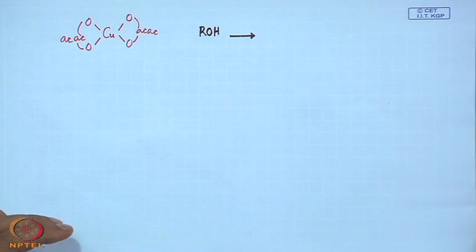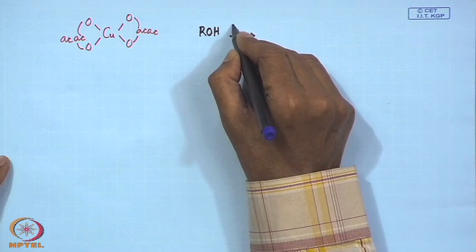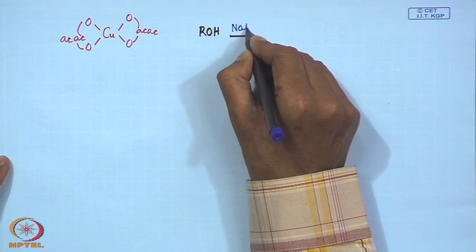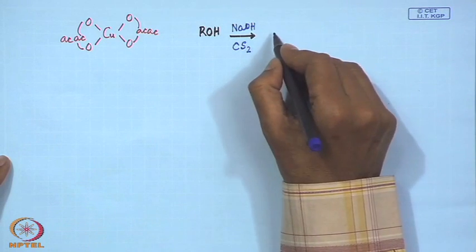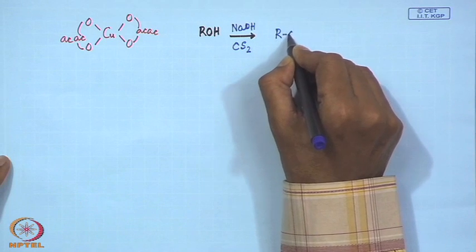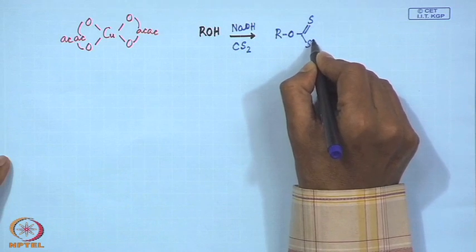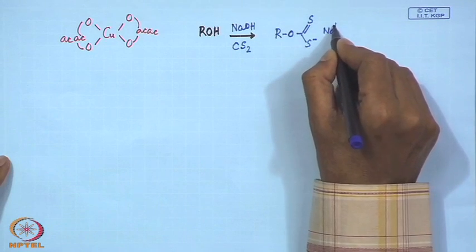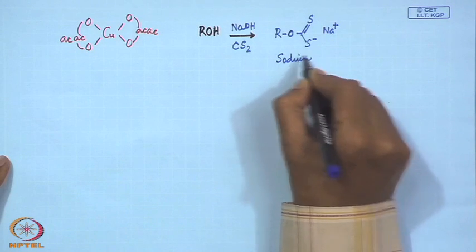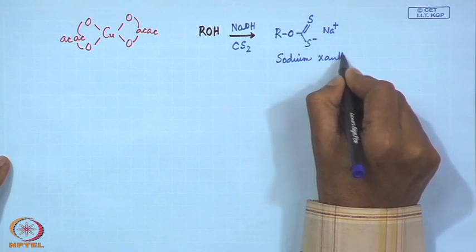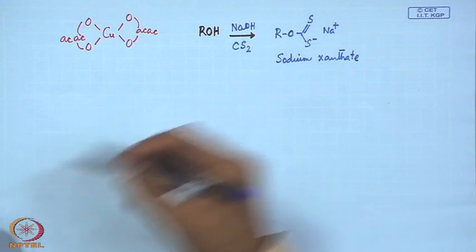Any alcohol, say ethanol, methanol, propanol, butanol, anything, if we react it with sodium hydroxide and carbon disulfide, we end up with an interesting ligand of bidentate nature, which is sodium xanthate. So, sodium xanthate is formed and we have the sulfur donor groups.